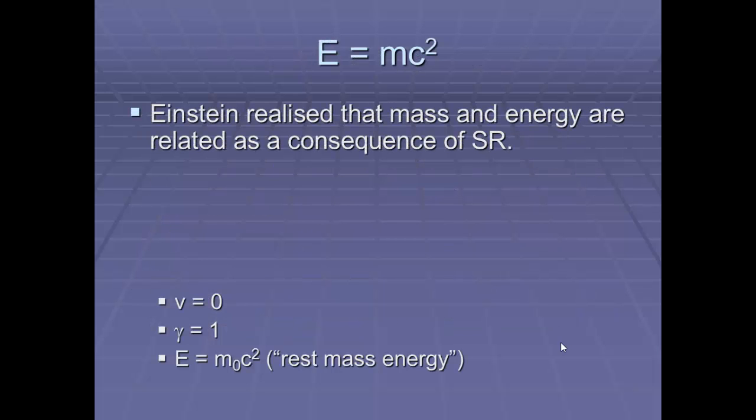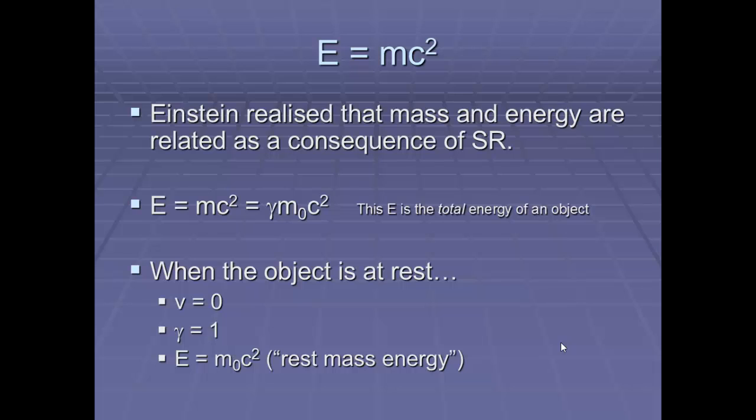This all comes from Einstein recognizing that E equals mc squared as a consequence of special relativity. So we can extend this from E equals mc squared, which is the total energy of an object. When an object is at rest, then we find that v equals 0, the Lorentz factor is 1, and E is equal to the rest mass multiplied by the speed of light squared.